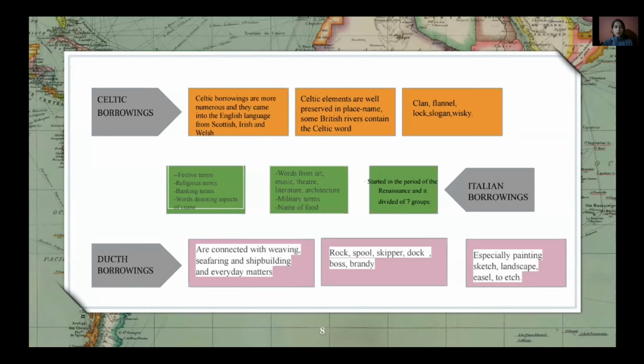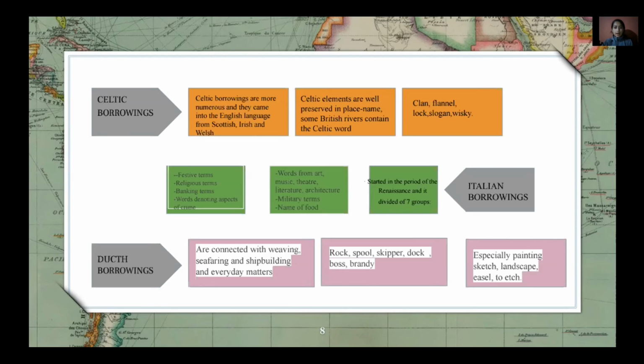Next, we have borrowings from the Italian language. They started in the period of the Renaissance and are divided into seven groups. Words from art, architecture, music, and literature, like opera, concert, balcony, and corridor. Military terms like alarm, campaign, and attack.